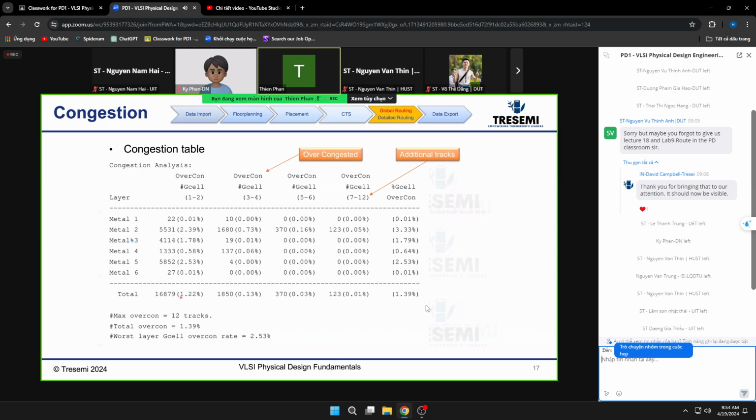And then you may be thinking, can I just tell by looking at this number whether the chip can be routed? It's pretty hard, so it depends, and you have to analyze it very much. Certainly if you have like 5%, then probably it's not going to be routable.